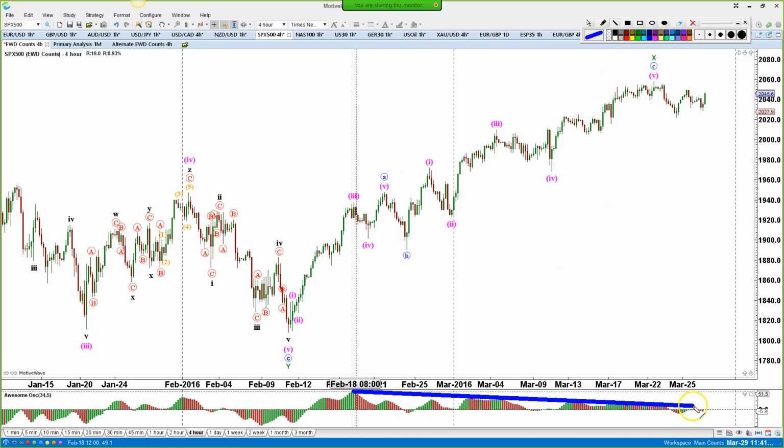There is divergence. If you don't understand what divergence is, don't worry, it's something simple. Divergence is telling that the trend is losing momentum. Losing momentum means that the investors are less interested in buying the market.